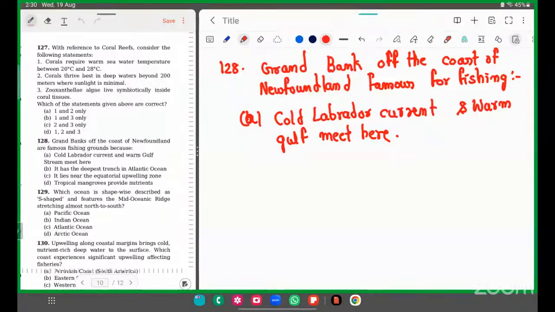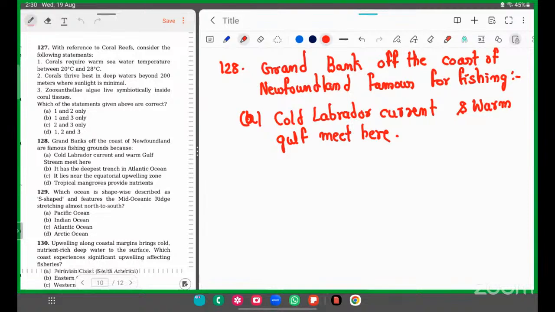And why does this happen? Because the cold water from the north and warm water from the south mix together, which also mixes nutrients from both sides. Second, plankton growth.